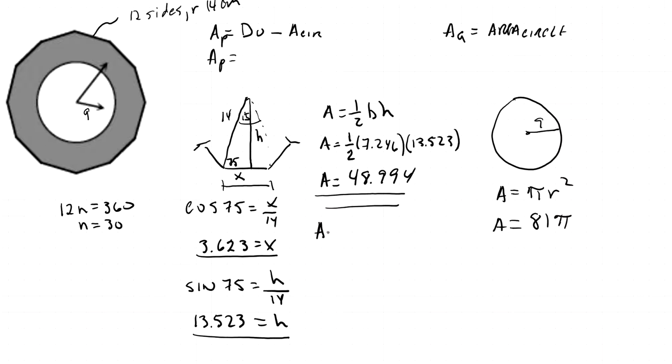So the area of the dodecagon of 12 sides is going to be 12 times 48.994, and I get 587.928.